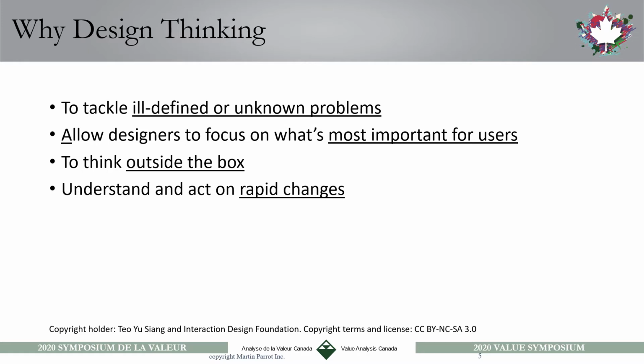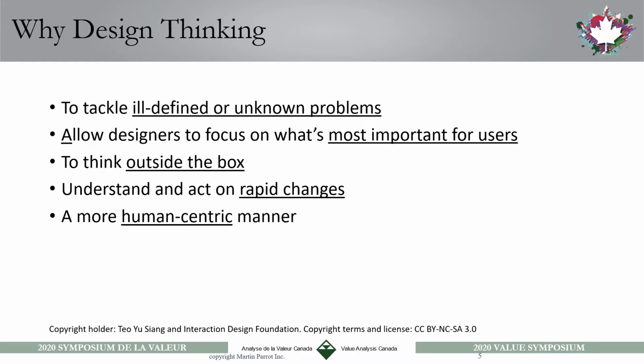It helps us understand and act on rapid changes. By talking directly to the users, we can understand what has changed in their needs. It's a more human-centric manner. We tend to design products like buildings or roads, interchanges, bridges, manufacturing processes and things like that.